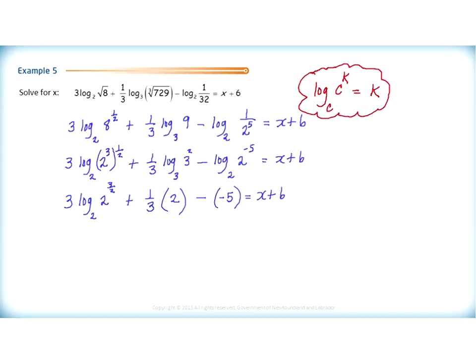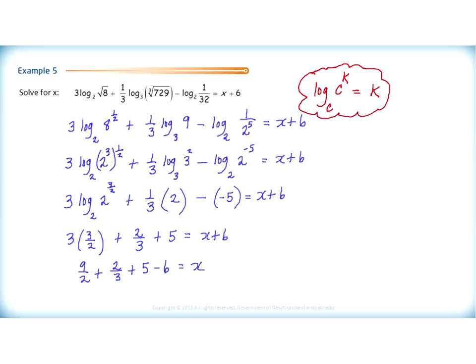So then the first term simplifies to be 3 multiplied by 3 over 2 plus 2/3 plus 5 is equal to x plus 6.